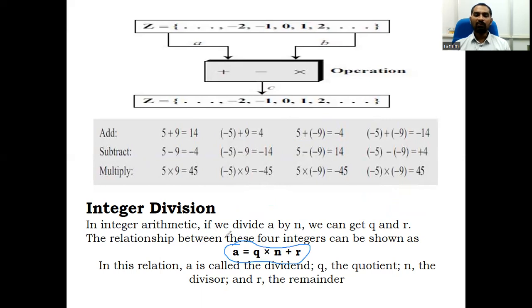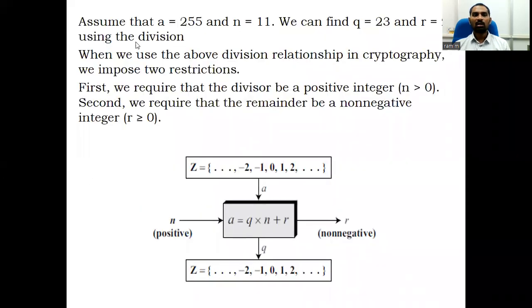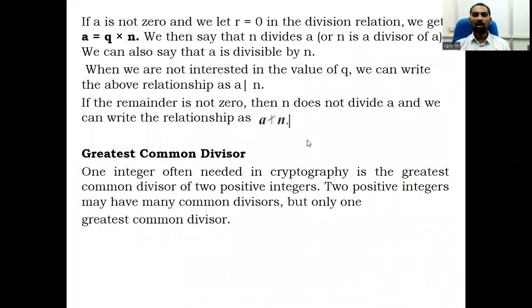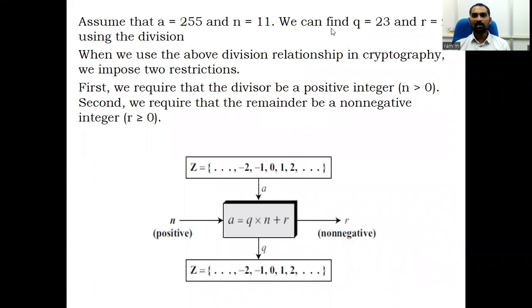Okay. Now we'll see one example for this. Whenever you are given a value, we are going to see how we get these values. So consider that a is equal to 255 and n is equal to 11. Let us find out how we get the values.